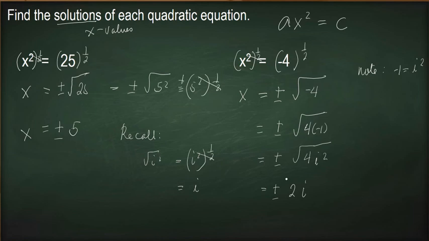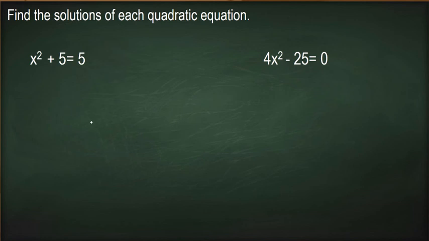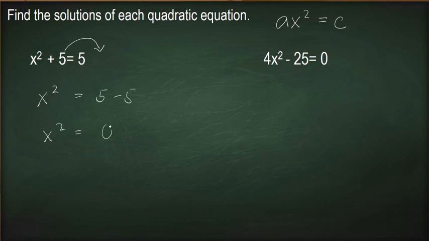Okay? Next. How about this? Remember, sulat natin ang equation sa form na ax squared equals c para hindi tayo mahirapan. Okay? Ito, wala sa form na ito, so ililipat natin siya sa right side. So we have now x squared is equal to 5 minus 5. So we have here x squared is equal to 0.